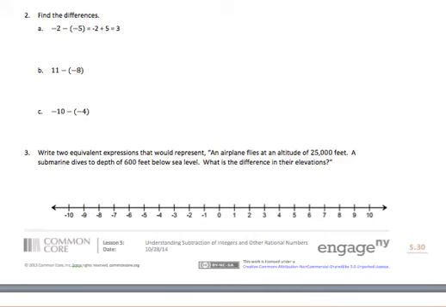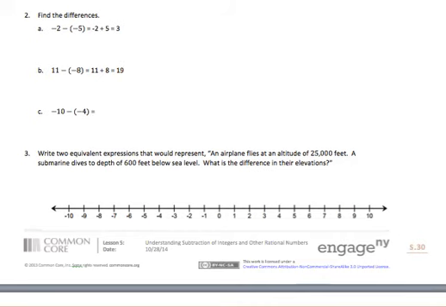In question B, we would change that to 11 plus 8, which is 19. And in C, we would change that to -10 plus 4, which is -6.